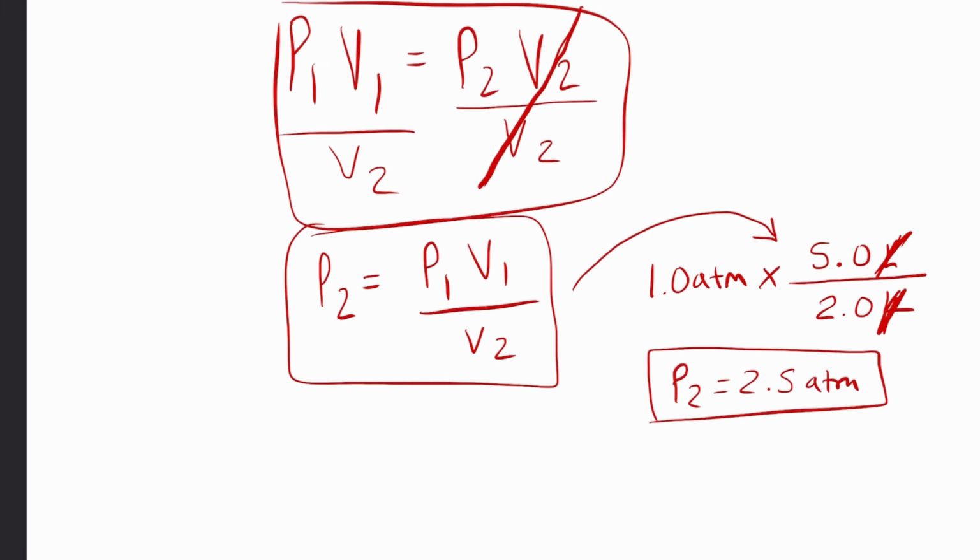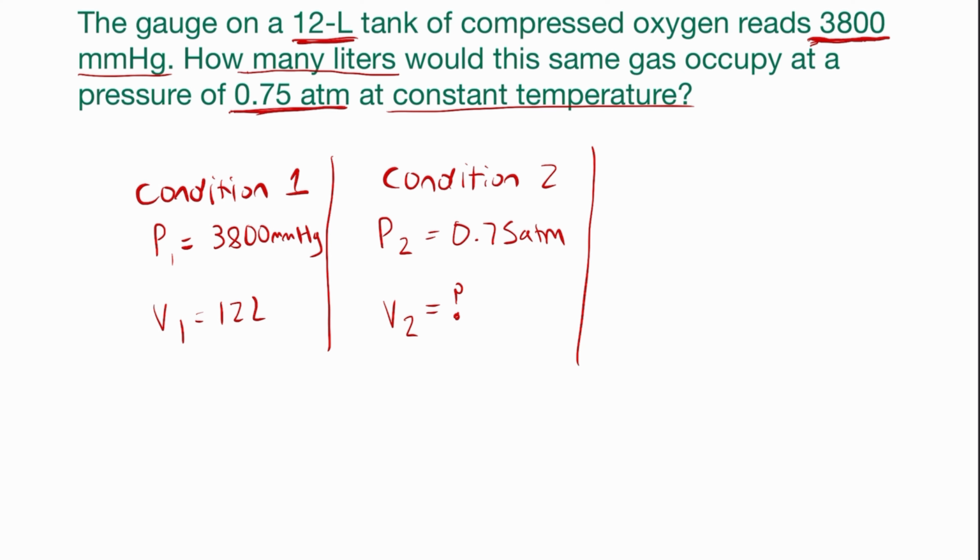So all we have to do is go ahead and convert this. So the way we'll set this up is we'll do 0.75 atmospheric units times 760 millimeters of mercury over 1 atm, because 1 atmospheric unit is 760 mmHg.